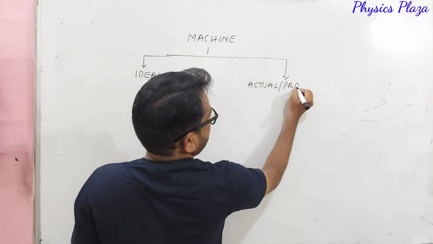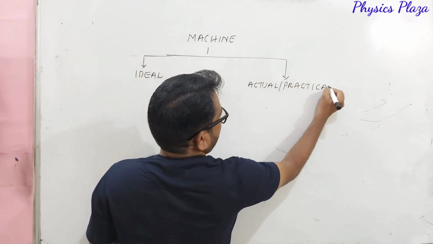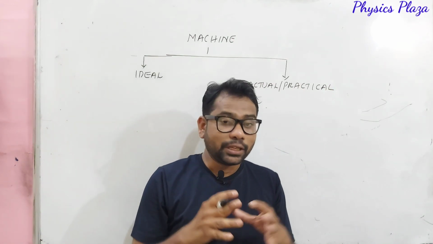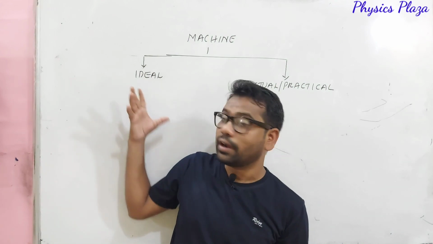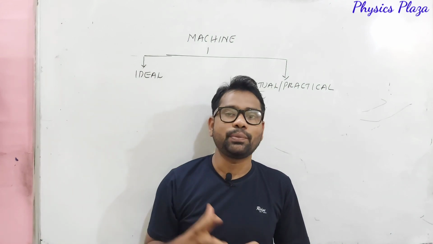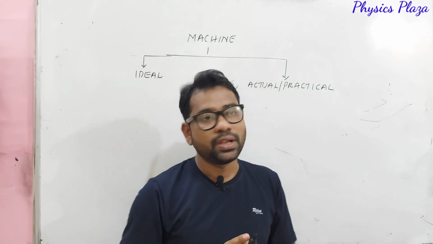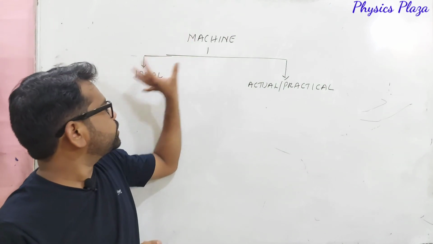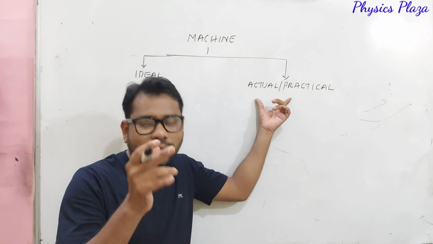Actually, the ideal machine is only an ideal concept. It would be better if we had a machine like that, but practically it is not possible. So in terms of efficiency, we can discuss the ideal machine and the practical machine.